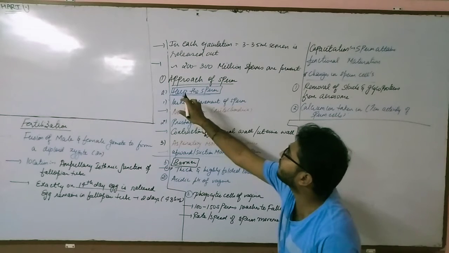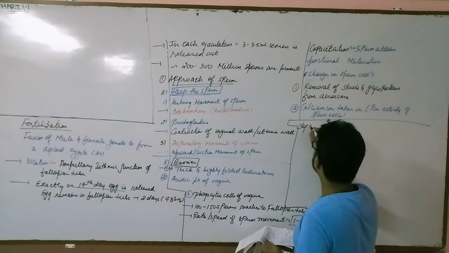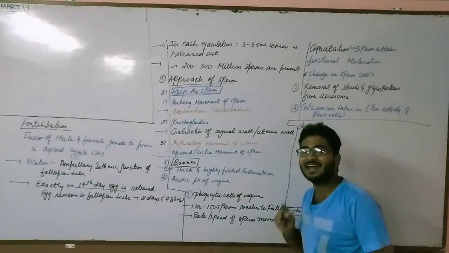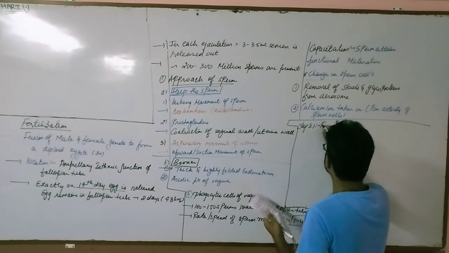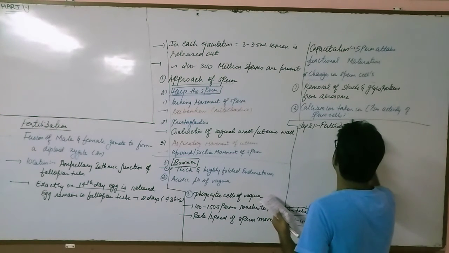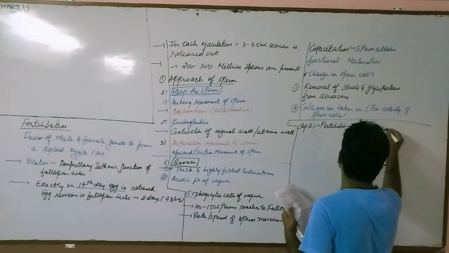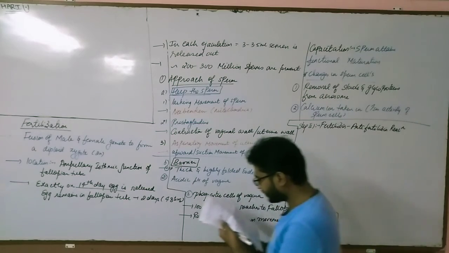So this is step number 1, that is approach of sperm. Now step number 2 is fertilizin anti-fertilizin reaction. Now what is this fertilizin?